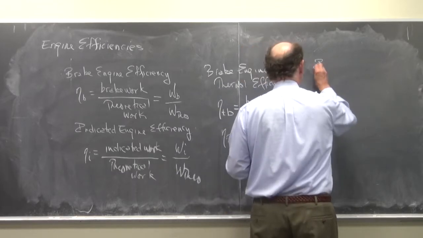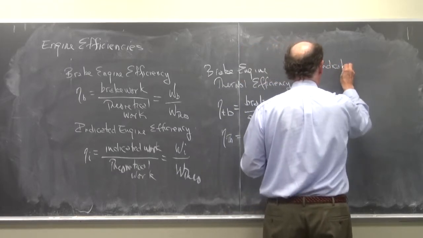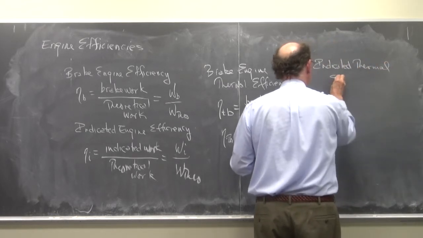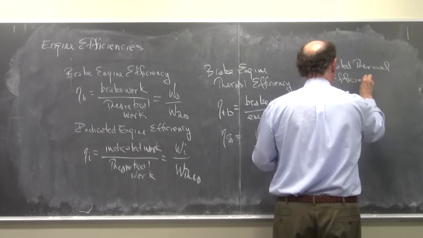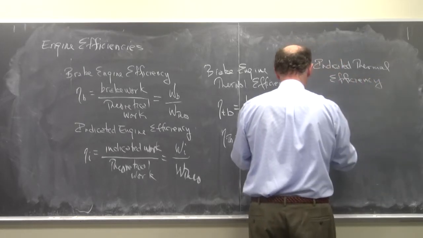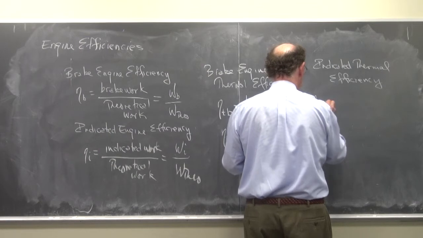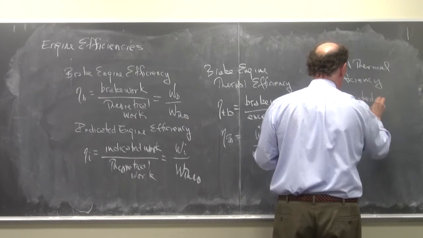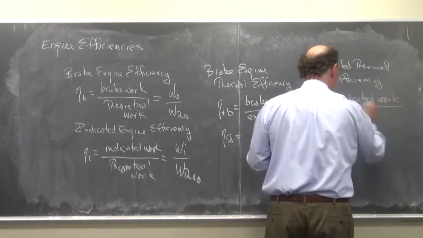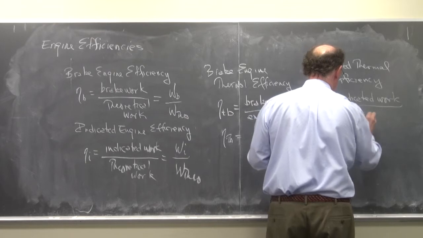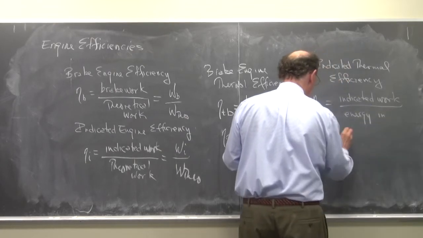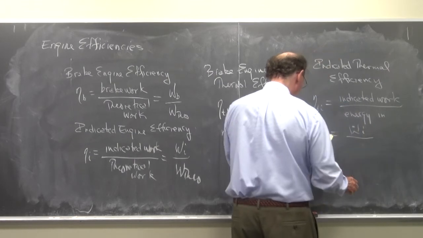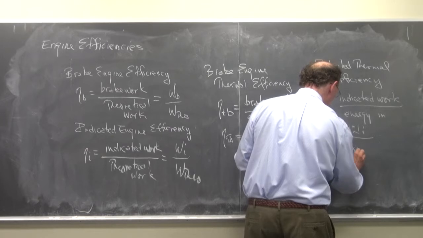And so we have the indicated thermal efficiency, where I have eta sub TI is equal to the indicated work over energy in, is equal to W dot I over m dot F H sub RP.